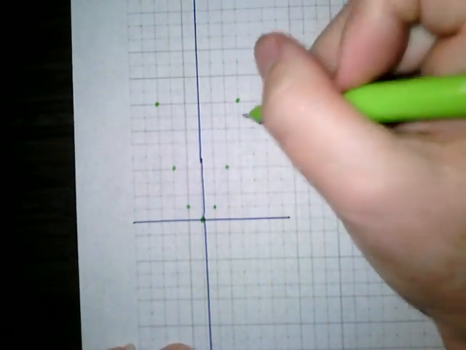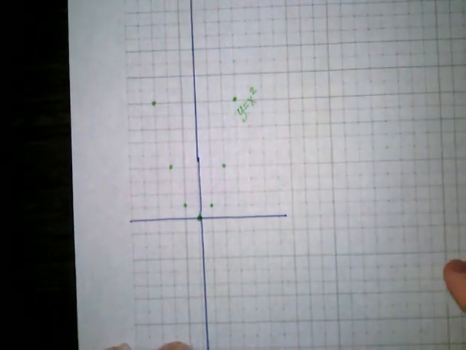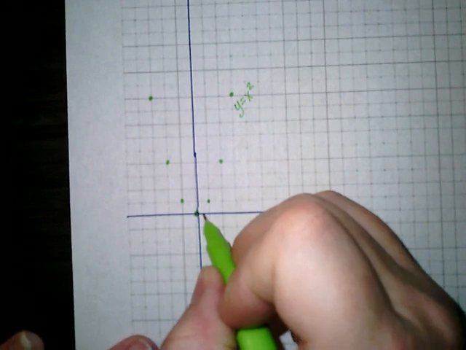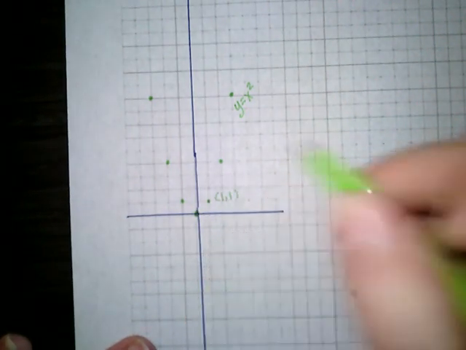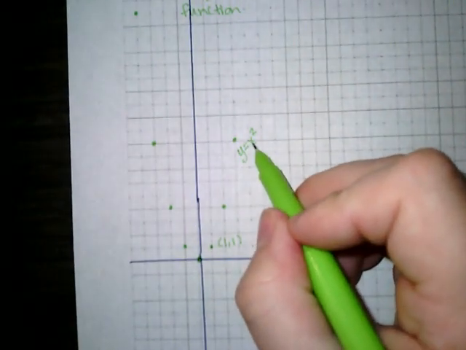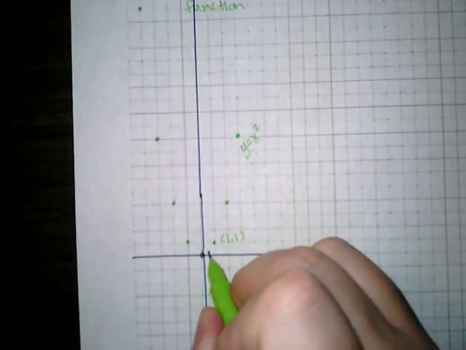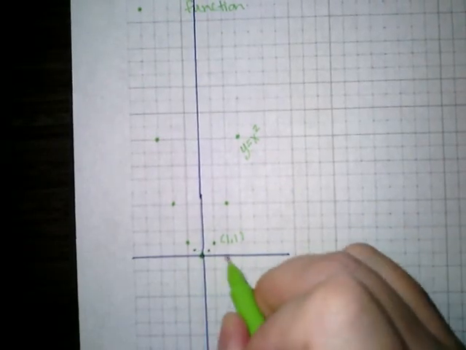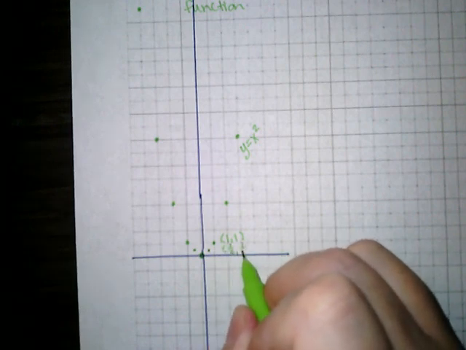So this is my y equals x squared. I want to add in 1/2. I'll label this point 1, 1. If I put in 1/2, then I would have to square 1/2 to get my output, which would be 1/4. So 1/2, 1/4 would be that ordered pair. So let me label that 1/2, 1/4.